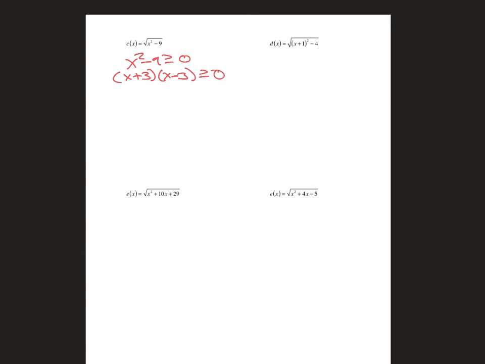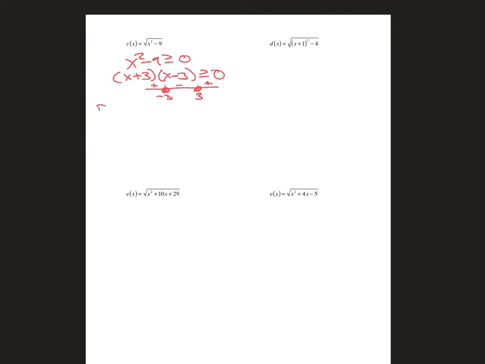So let's do C of x here. The first thing, let's figure out my domain. For the domain, I need x squared minus 9 to be greater than or equal to 0. In order to do sign analysis, I'm going to factor this. Thinking about when this is greater than or equal to 0, that's going to be at my extremes.